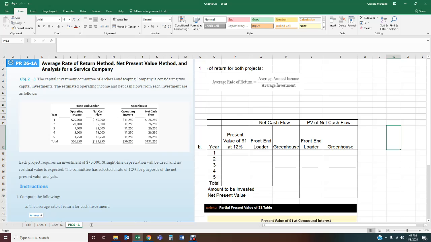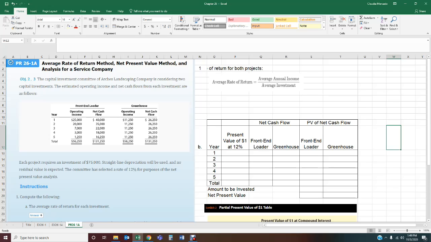So I'm just going to do one calculation for purposes of this problem because both the income and the investment are the same for both projects. Regardless which project I'm analyzing here, the figures are the same. It's $56,250 of income and $75,000 is my investment.